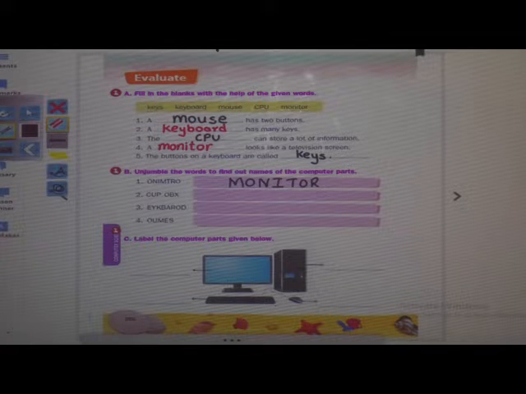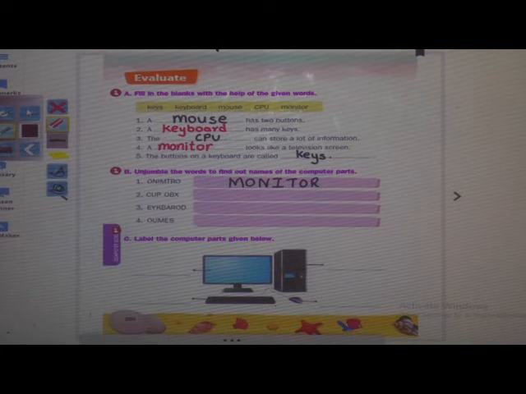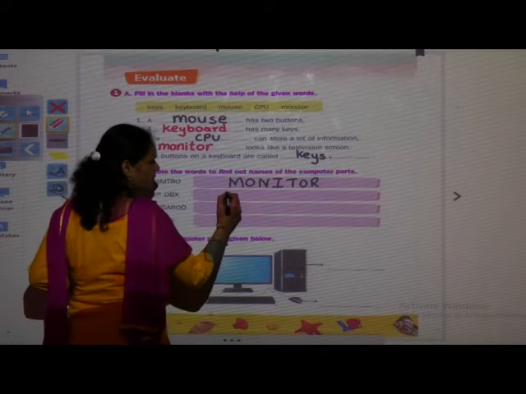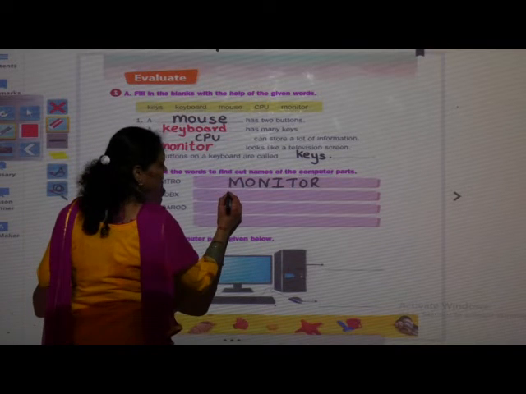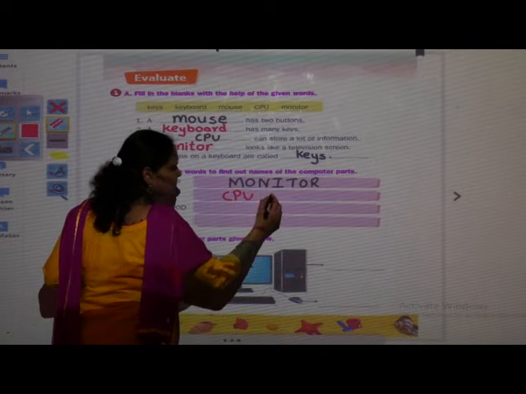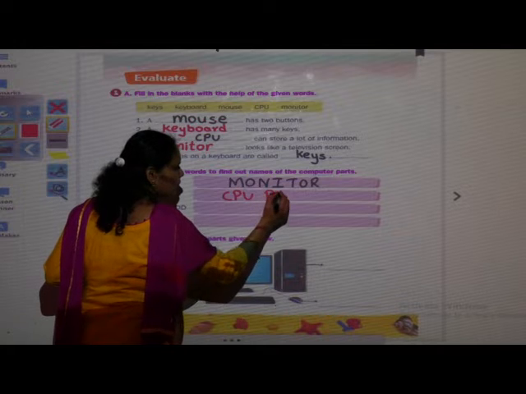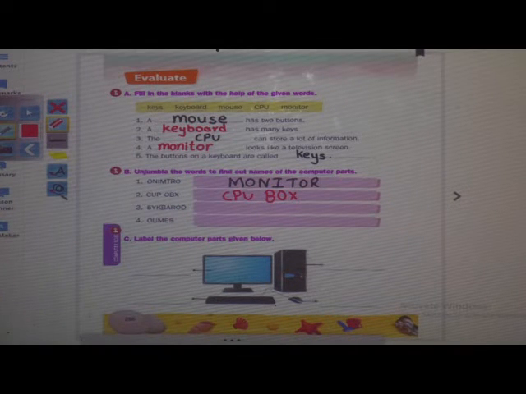The second one is, yes, it is very easy, that is CPU box. You have to write here capital C, P, U, and leave a little bit of space and write B-O-X, box, CPU box.